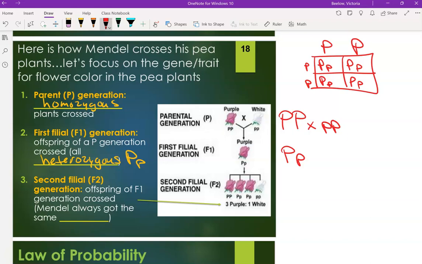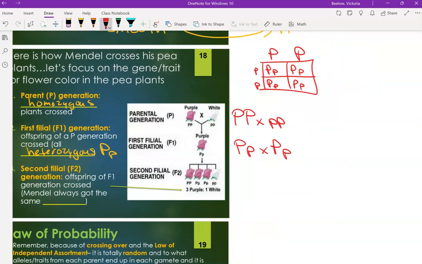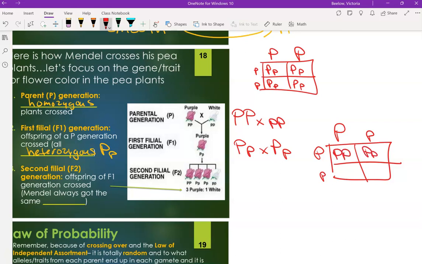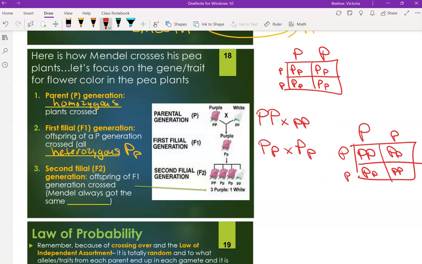And then what Mendel did was he crossed those together. Yes, this is inbreeding, but they're plants, so who cares? All right, and then these are the results that he got. Every time he did this, he repeated this same process over and over again.